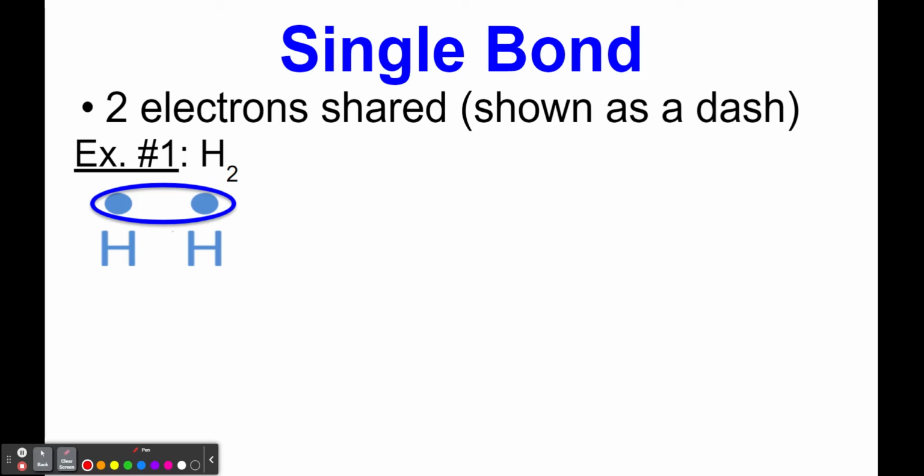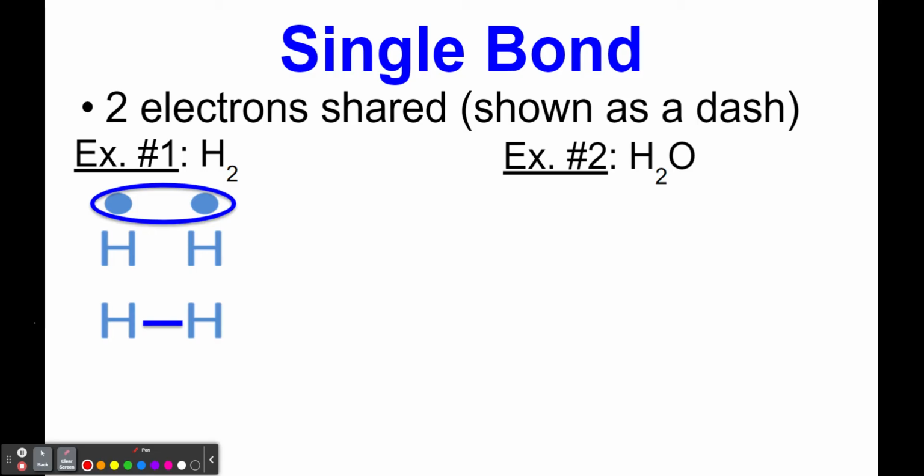So both of these hydrogens are now stable, because this hydrogen has two, this hydrogen has two. And then we can represent this covalent bond with a single line like that. This represents one covalent bond, a single bond. So when you see this line in a Lewis structure, that's representing two electrons that are shared in a covalent bond.